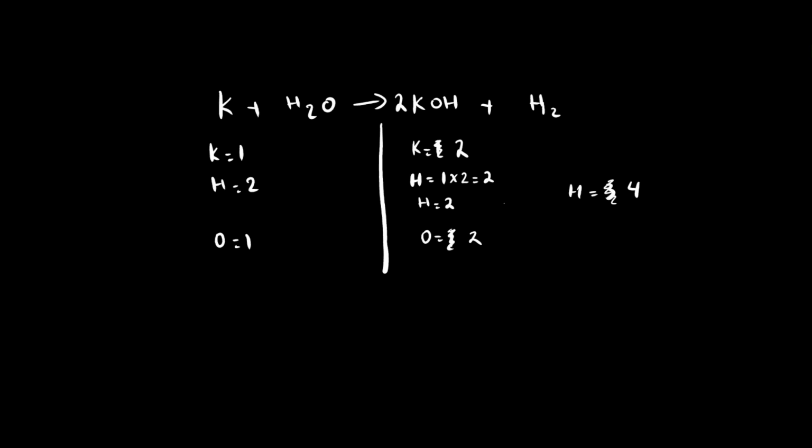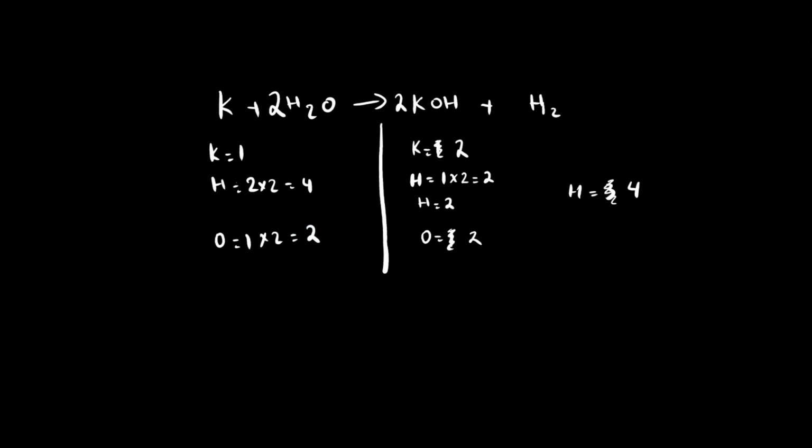The least common multiple of 2 and 4 is 4. So we need to multiply this hydrogen by 2 by introducing a coefficient of 2 in front of the water. So now we have 4 hydrogen on the left and 2 oxygen on the left.